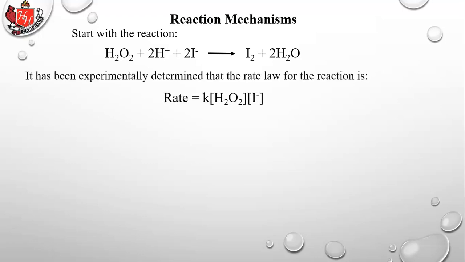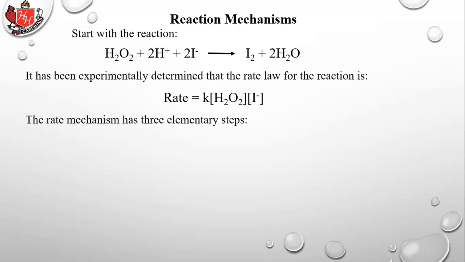It has been experimentally determined that the rate law for the reaction is rate equals k times the concentration of H2O2 times the concentration of I-. Experimentally means you do what we did back in the first lesson. You take the different concentrations, different rates, you hold the concentration of some of the reactants constant, figure out what the exponents are, and so forth.